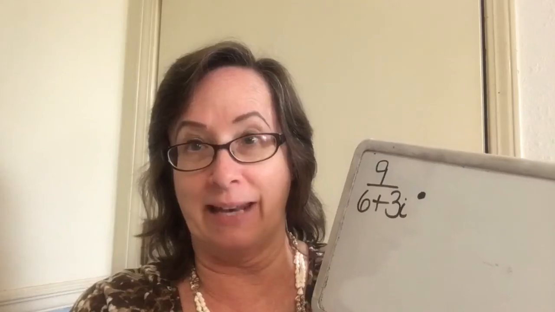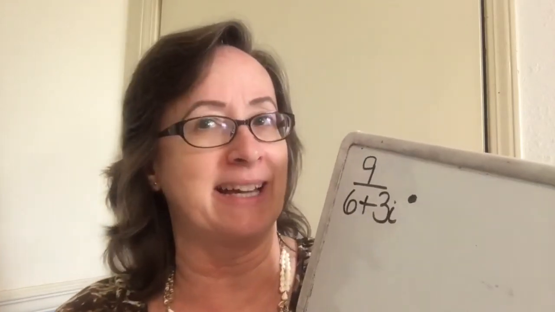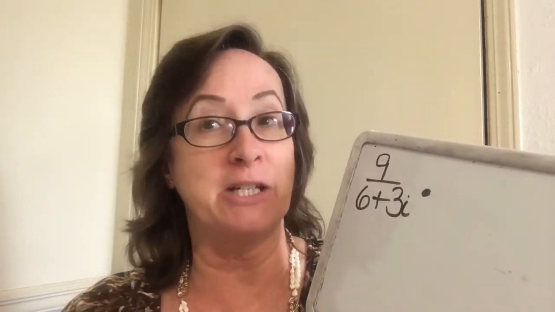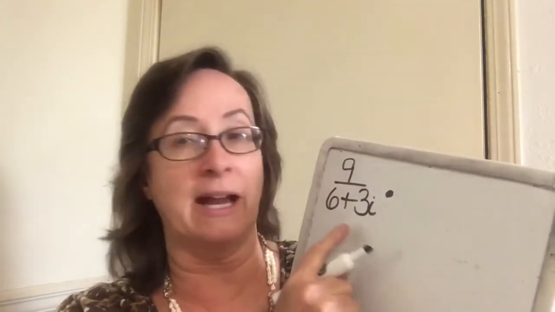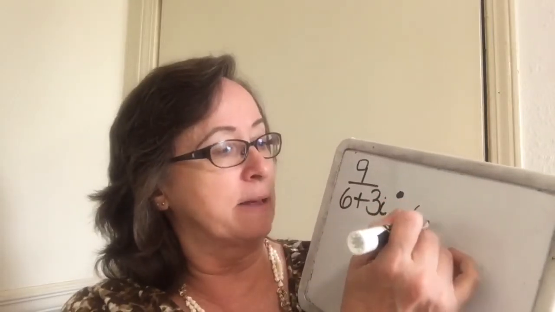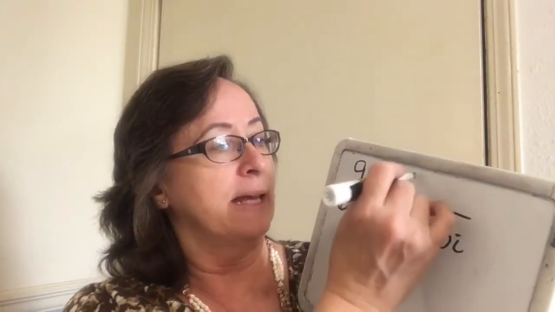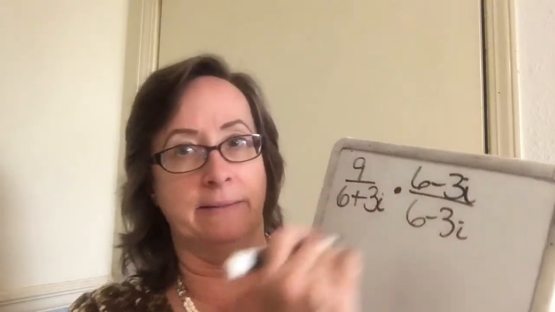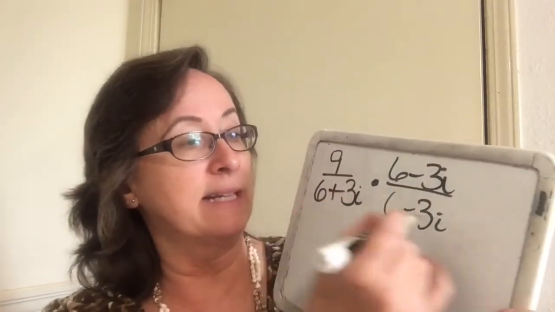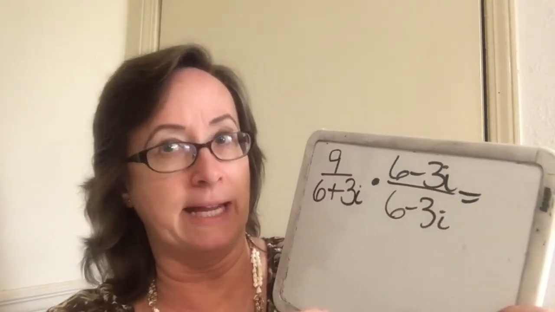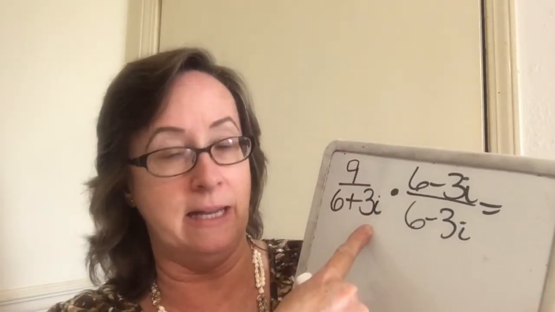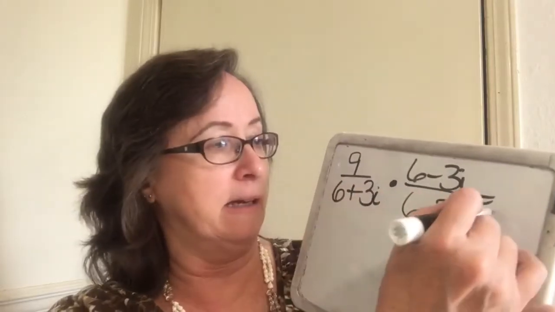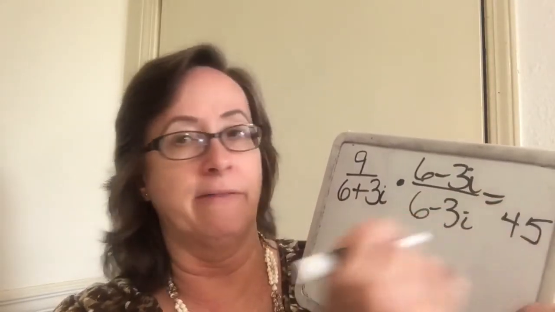Okay, so now we're going to take what we just learned on the last board. When we multiply by a conjugate, we lose all of our imaginary parts. So we're going to multiply by 1 in the form of the conjugate of the denominator, 6 minus 3i over 6 minus 3i. And when we do that, the denominator is going to become a squared plus b squared, or 36 plus 9, and 36 plus 9 will be 45.